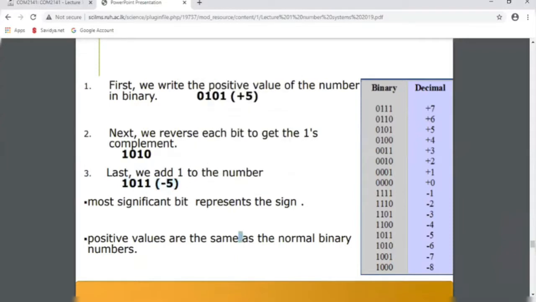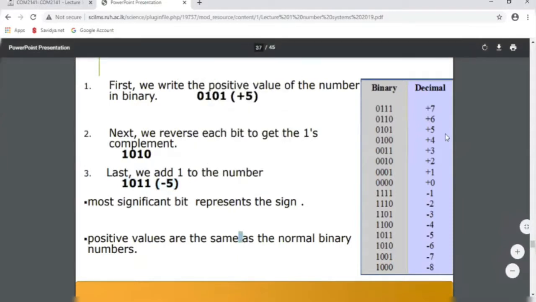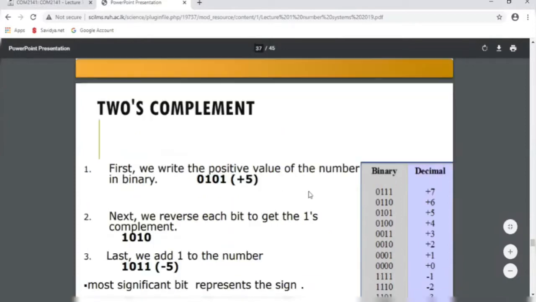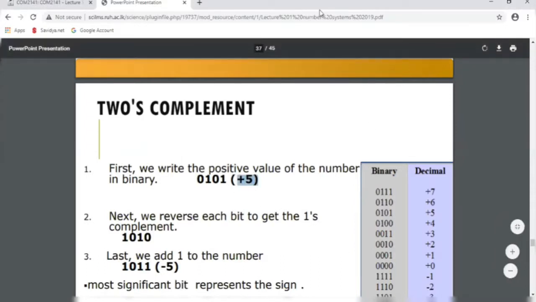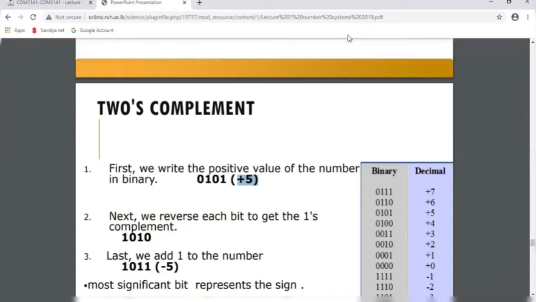I don't know whether I discussed that. Did I discuss how you can convert a 2's complement number or 1's complement number back to its decimal value with the sign? Did I? Did I discuss that? Can one of you remember?